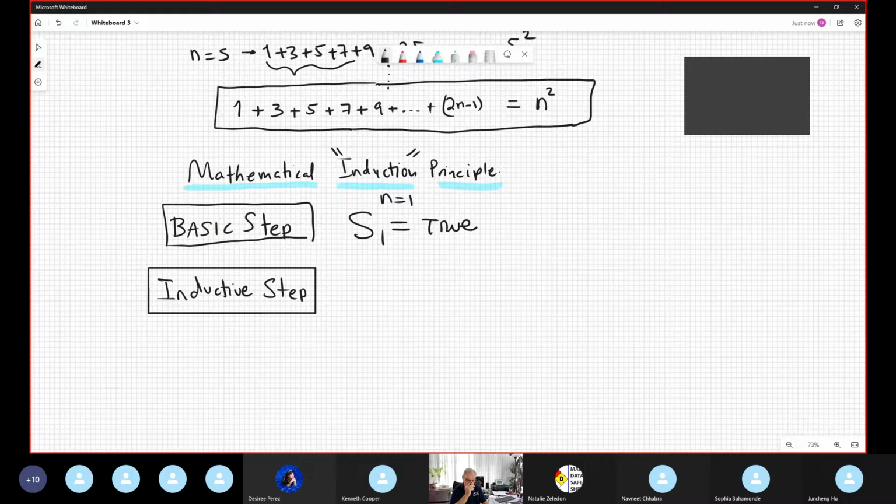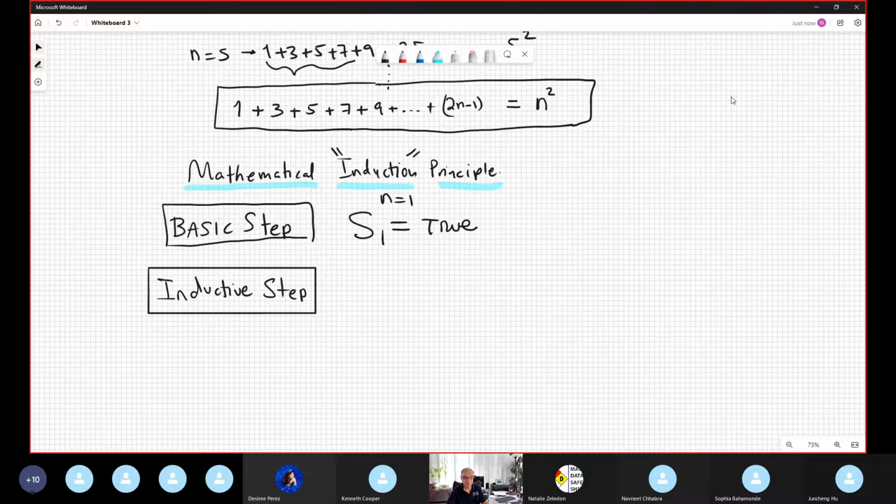Okay. The inductive step. Let me try the page. You assume. This is a complicated part. You assume S sub k is true. Who is S sub k? Well, suppose k is 1, 2, 3, 4, 5.